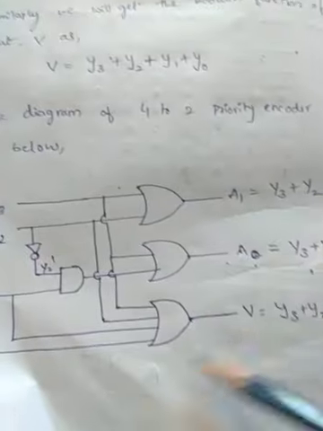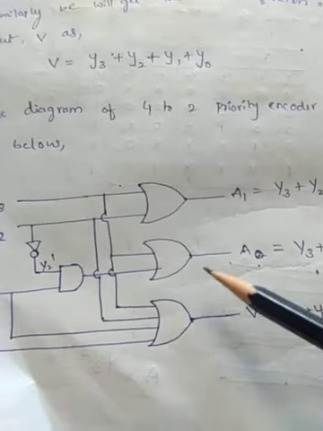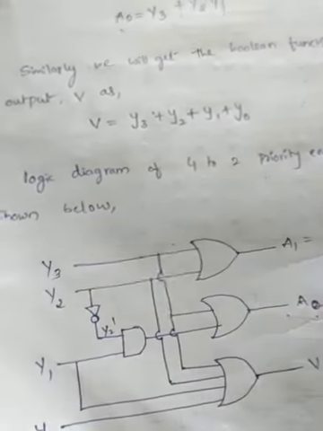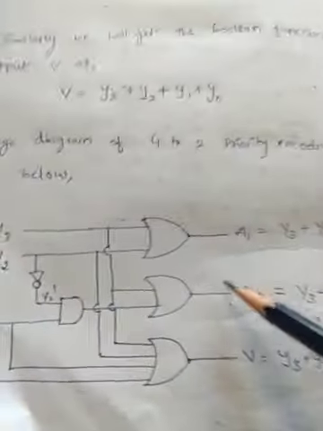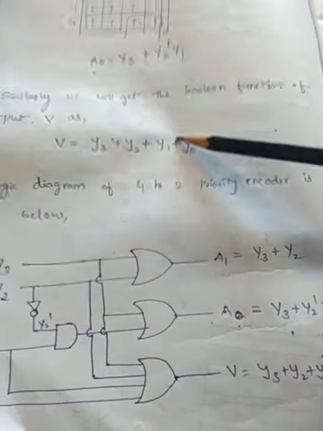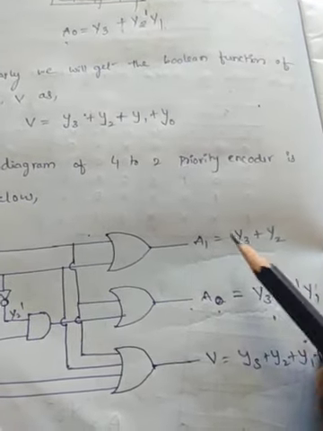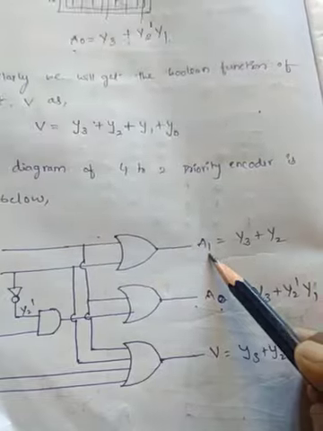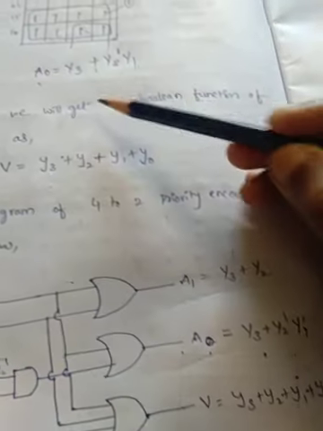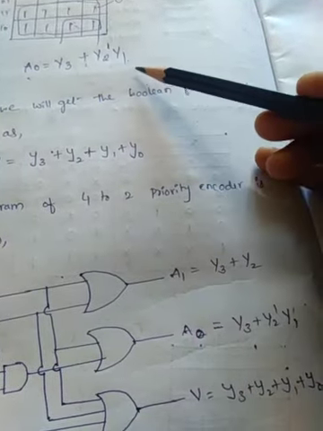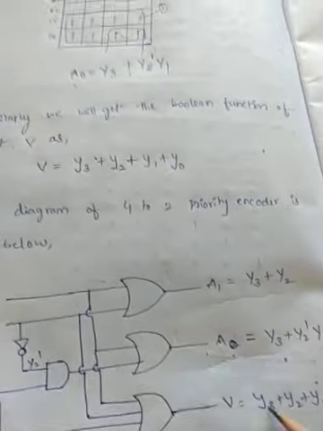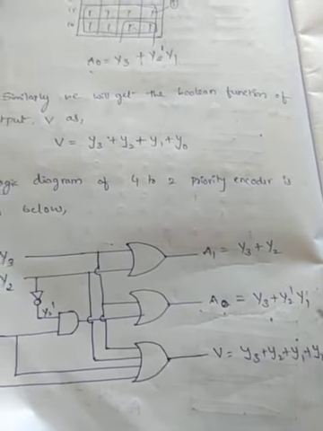And this is the logic diagram of the 4 to 2 priority encoder, designed by using the simplified Boolean equations: a1 is equal to y3 plus y2, a0 is equal to y3 plus y2 dash into y1, and v is equal to y3 plus y2 plus y1 plus y0.